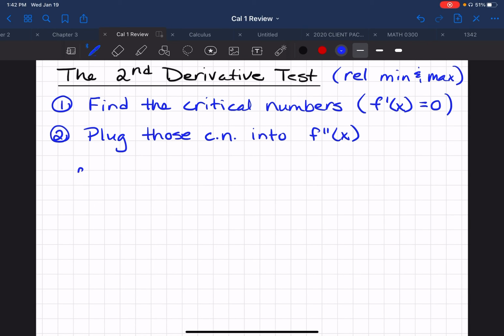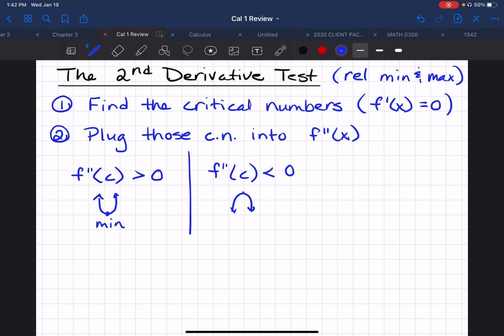Basically, if it's greater than 0, you're concave up, which means you have a minimum at that point. If the second derivative at that critical number is less than 0, you're concave down, which means you have a maximum at that point.